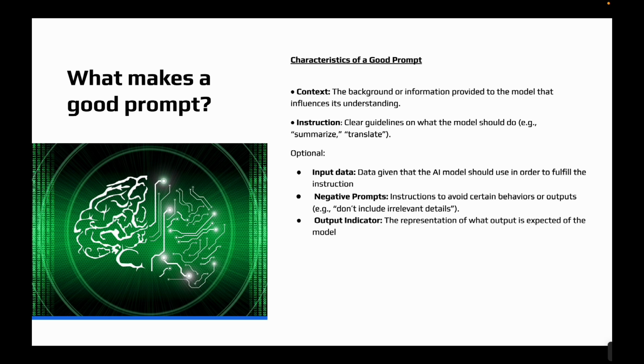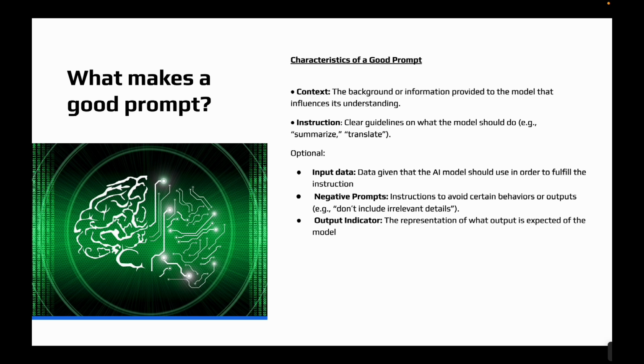The first one is context, which is the background or information provided to the model that influences its understanding. For example, if you were typing into a model to analyze financial data, making sure the model understands that it is working with financial data rather than medical data or any other sector is very key, as that will influence the model's output.